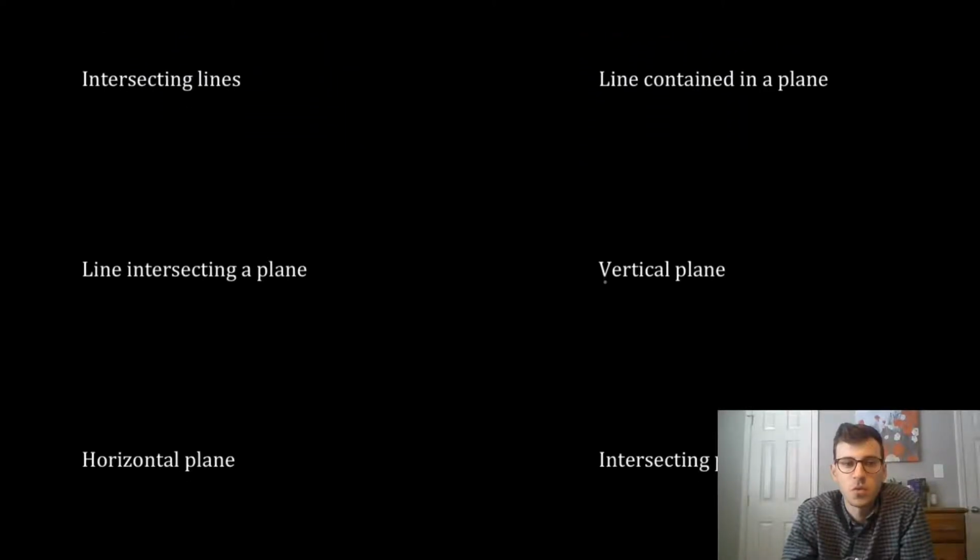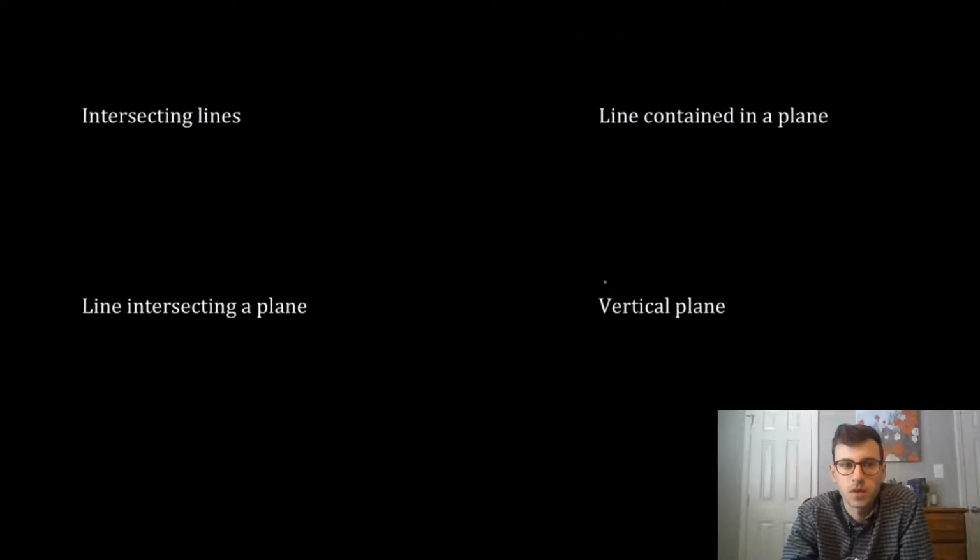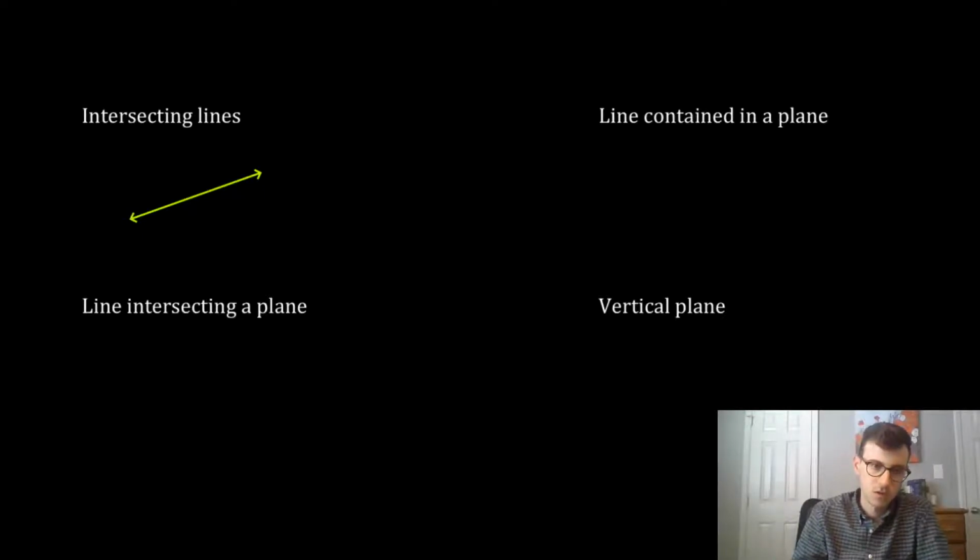Okay, let's look at a few more. Intersecting lines, pretty easy. You got a line, and I'll make them true lines, get some arrows if we can. There's a line. And here's another line.